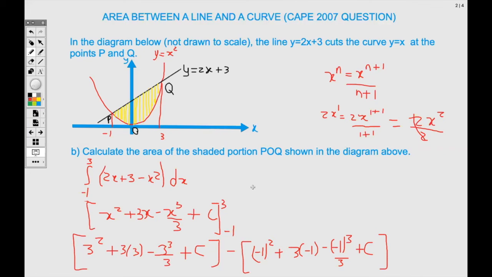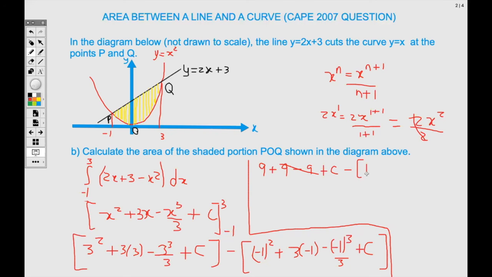Now to work out what I have here, I have the upper limit that I'm going to simplify. 3 squared is 9, 3 threes, 9, and 3 cubed is 27, but we divide by 3, that is 9, plus c. Now this cancels, so I just go ahead and cancel it. So for the upper limit, I'm left with 9 plus c.